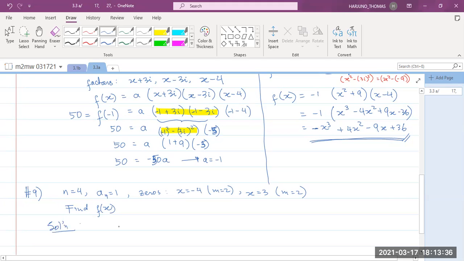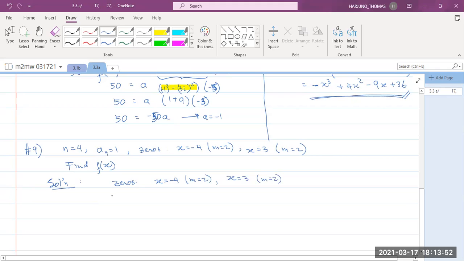So we have the zeros, x equals negative 4 with multiplicity 2, x equals 3 with multiplicity 2. So what are the factors? Then x plus 4 must be a factor with multiplicity 2, right? x minus 3 is a factor with multiplicity 2.